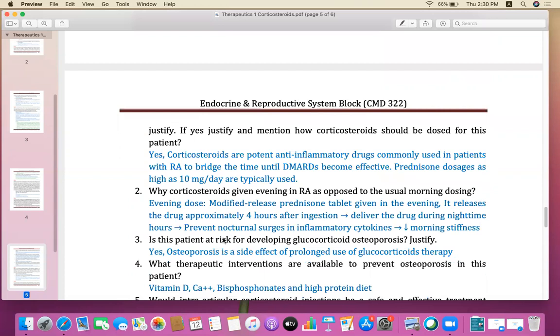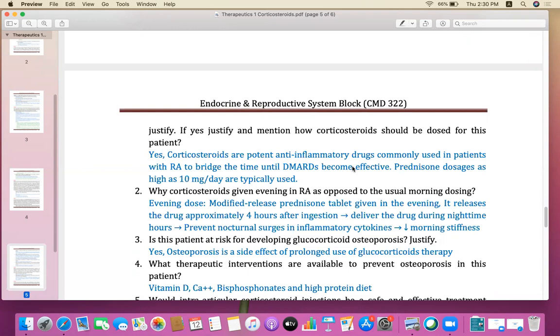What is the next question? Why are corticosteroids given in the evening in rheumatoid arthritis as opposed to the usual morning dosing? As we discussed in the lecture, in the patient with rheumatoid arthritis, there is nighttime pain, inflammation, and morning stiffness. These are the main symptoms.